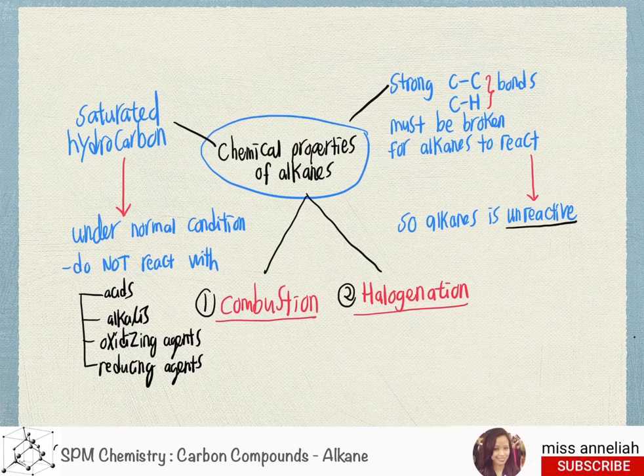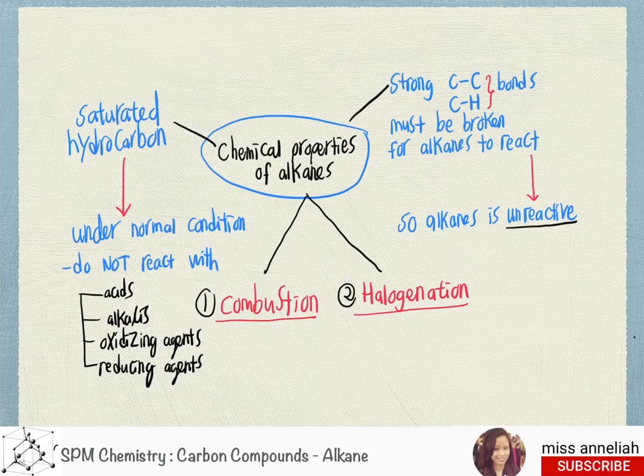Next, we will discuss the chemical properties of alkanes. Alkanes are saturated hydrocarbons with strong carbon-carbon and carbon-hydrogen bonds. These bonds must be broken for alkanes to react, because breaking them needs a lot of energy.